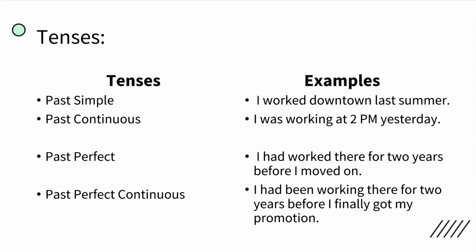I had been working there for 2 years before I finally got my promotion. Very similar to the previous one, right? But we use the past perfect continuous to talk about past actions that continue to some point in the past.